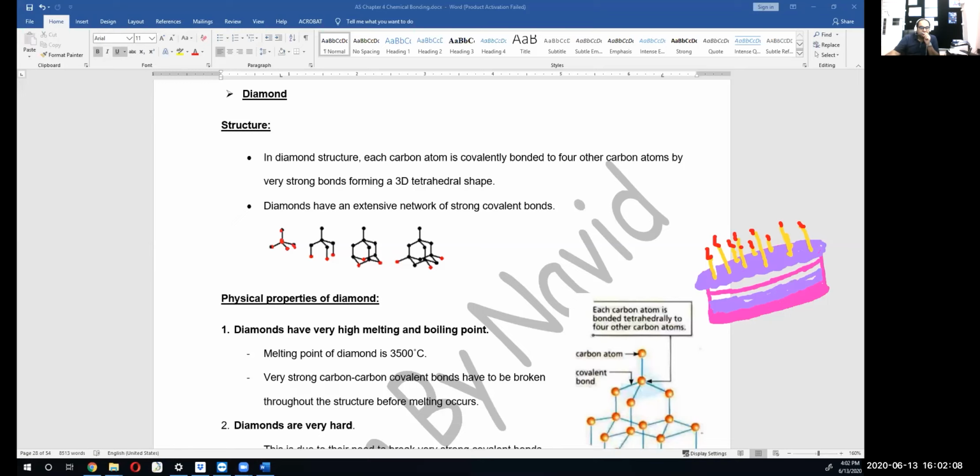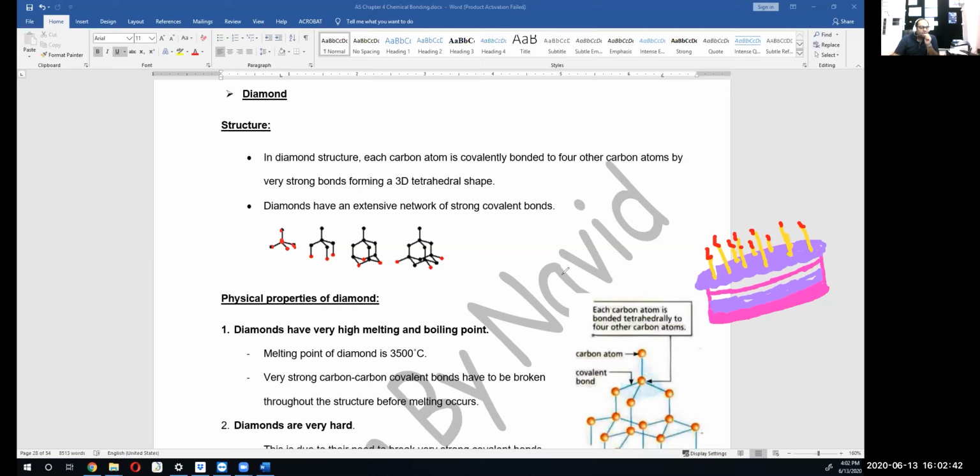Then this carbon is again bonded to 1, 2, 3, 4. So each carbon is repeated, and eventually they form a giant molecular lattice, or giant molecular structure.